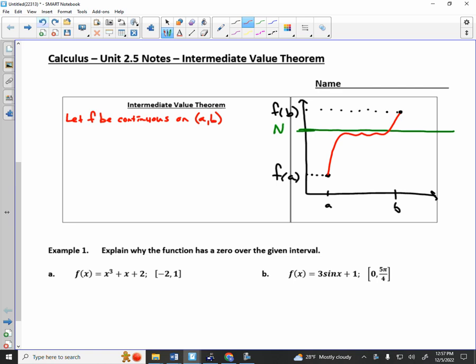So that just means a continuous function on that interval. Then let f of a be less than or equal to n, which is less than or equal to f of b. So n sits somewhere between f of a and f of b.